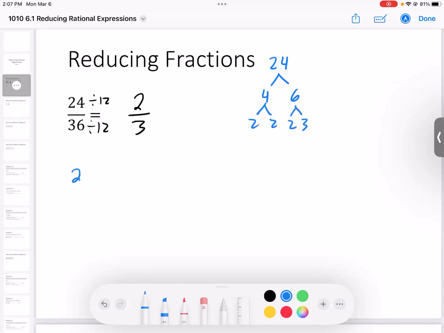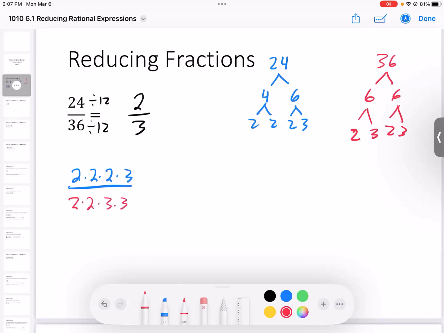So I could write this fraction as 2 times 2 times 2 times 3 over, and if I split 36 up into factors till it's in fully factored form, I would end up with 2 times 2 times 3 times 3. Is everybody good with how this fraction is the factored form of this fraction?